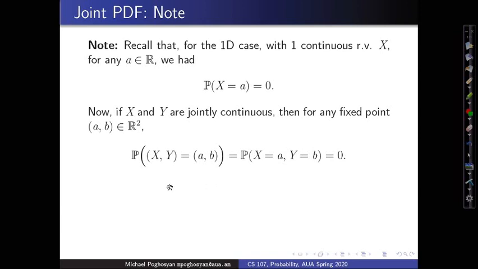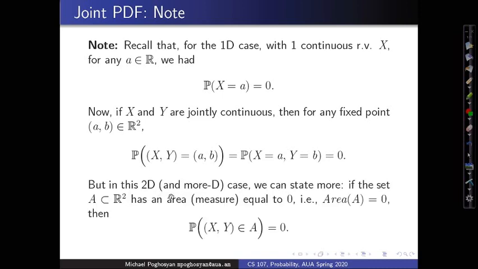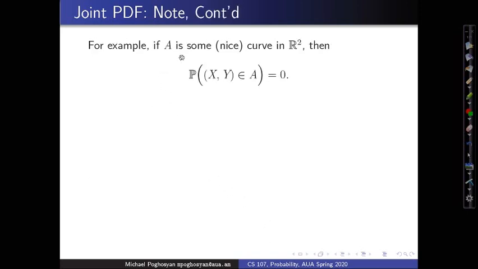But in this two-dimensional case, we can say even more. If we have a set A in R² which has a measure or area equal to 0, so area of A is equal to 0, then the probability that (X, Y) is in A is 0. For example, if A is some nice curve, say this is x, this is y, I'm not drawing the surface of f, I'm not drawing in three dimensions.